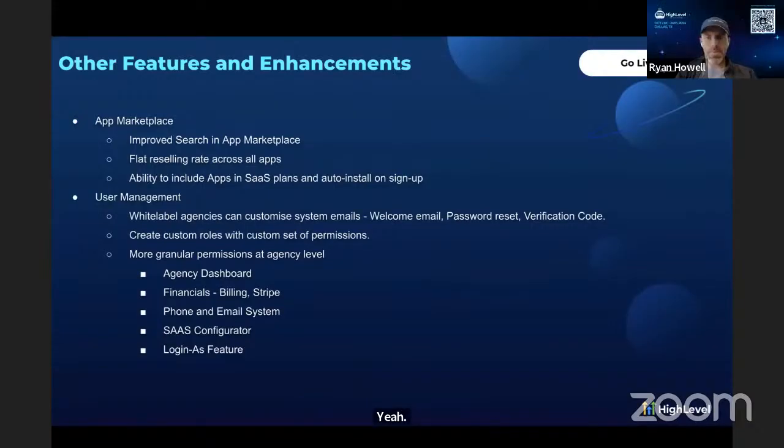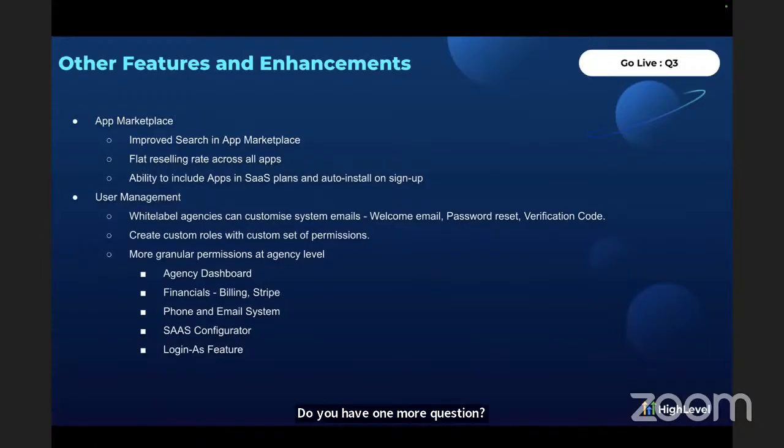Do you have one more question, Dan? Oh, yeah, sorry. I'm not sure if this is also yours, but when you go into the staff and try to add sub-account access to that person, you should be able to select multiple sub-accounts without the drop-down disappearing. Right now, when you select one sub-account, it disappears.